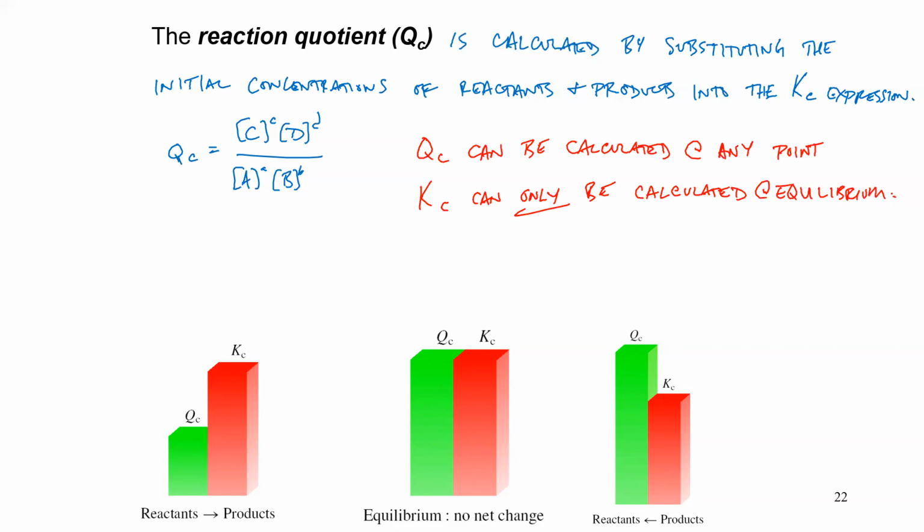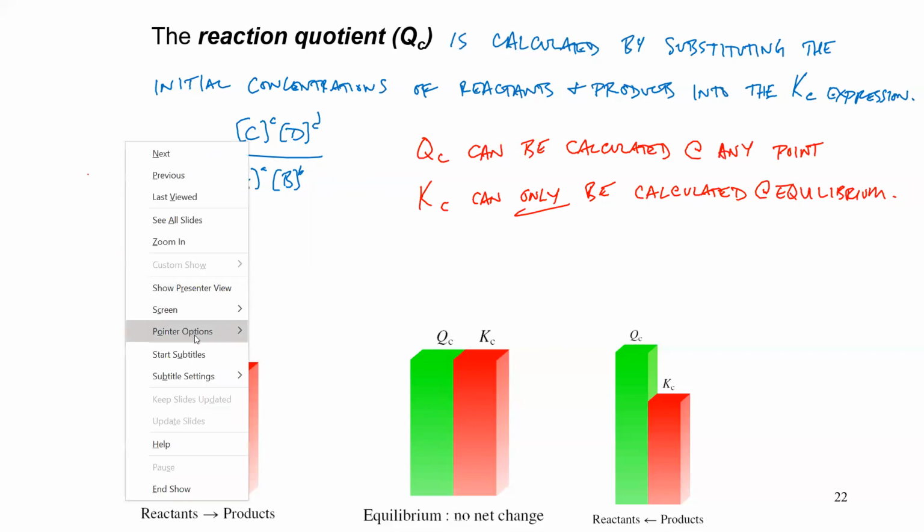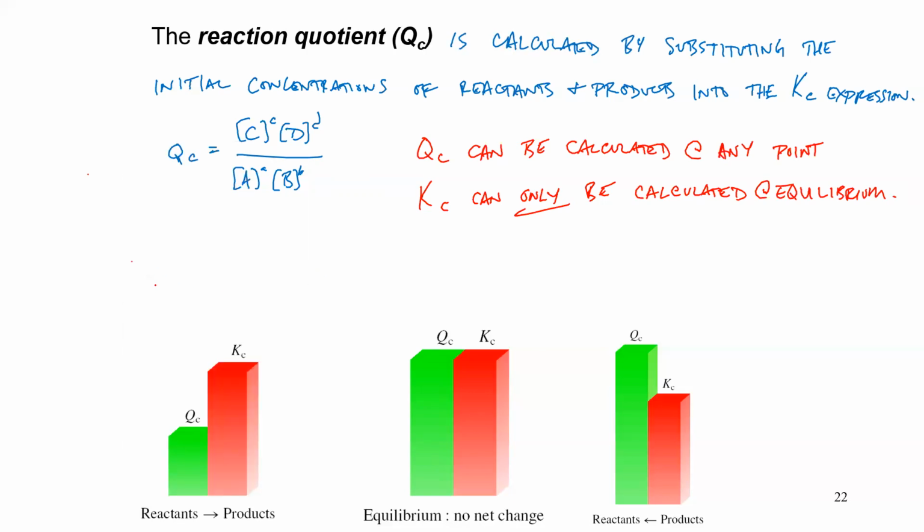You cannot calculate K with initial concentrations. You can only calculate K if you're at equilibrium. And so we look at this relationship between Q and K to determine which direction our equilibrium is going to go.